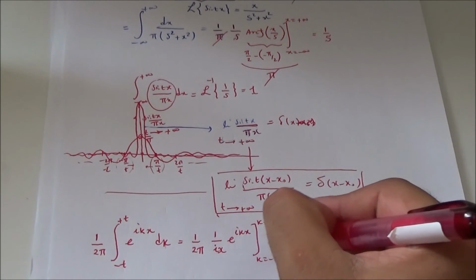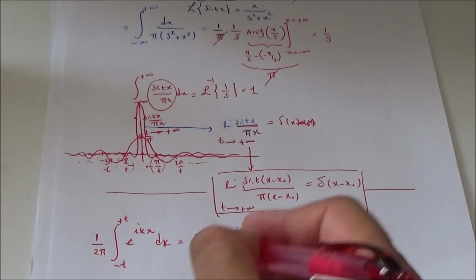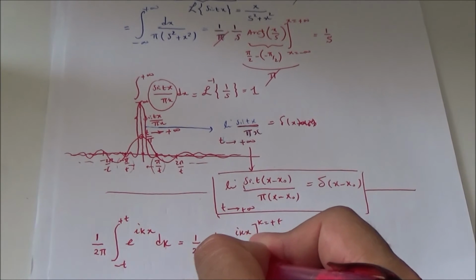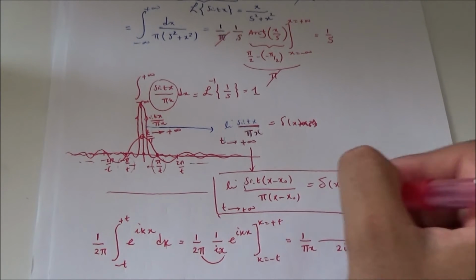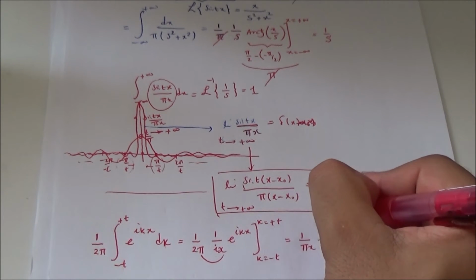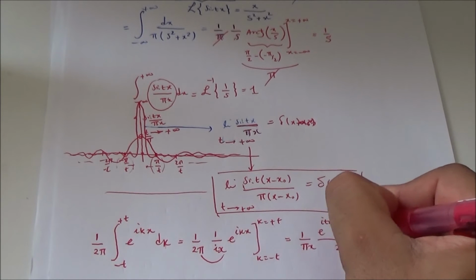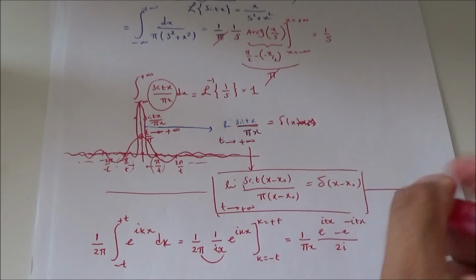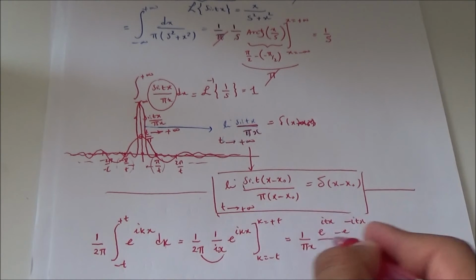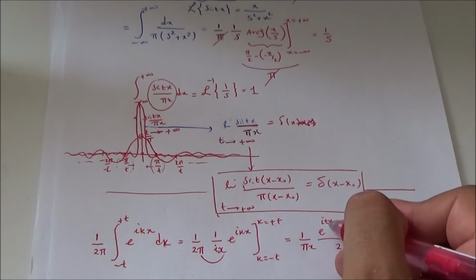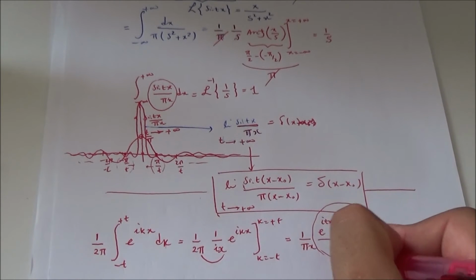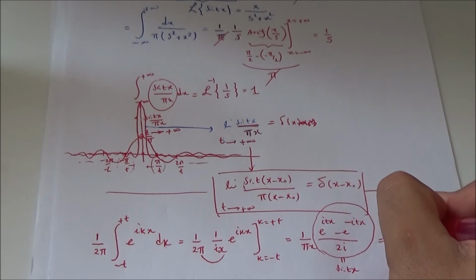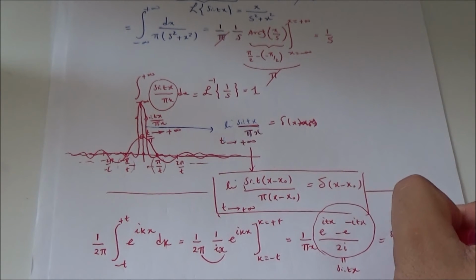And if I replace, I will have 1 over, I will consider pi times x here, 2i here, and I will have exponential of i tx minus exponential of minus itx. And using Euler's theorem, this is 2i times sine of tx, such that this whole thing is equal to sine of tx over pi x.